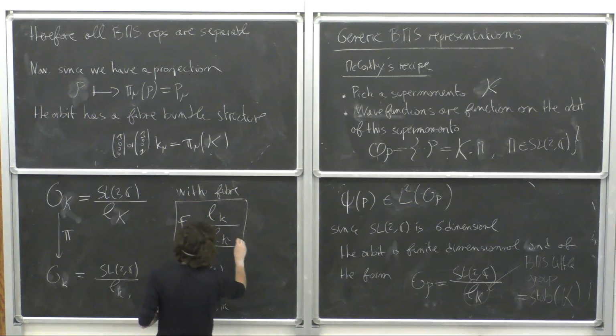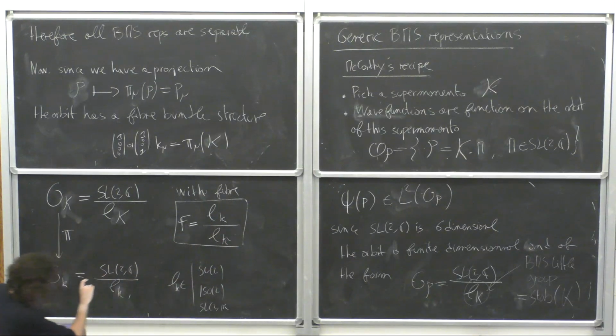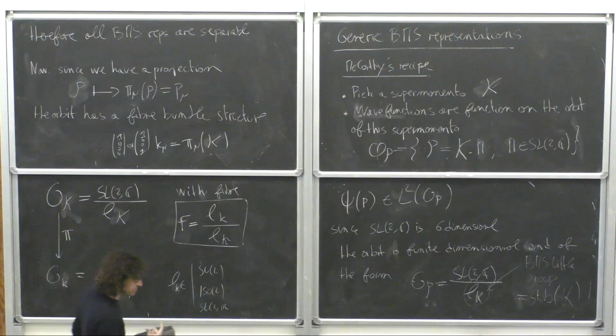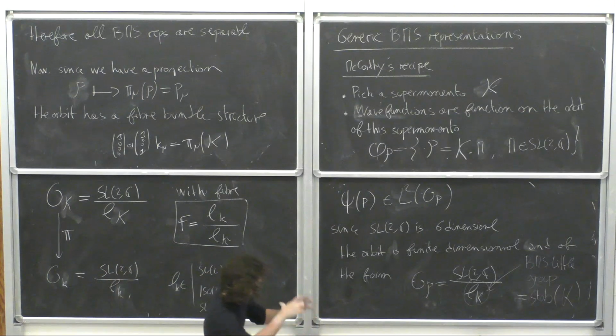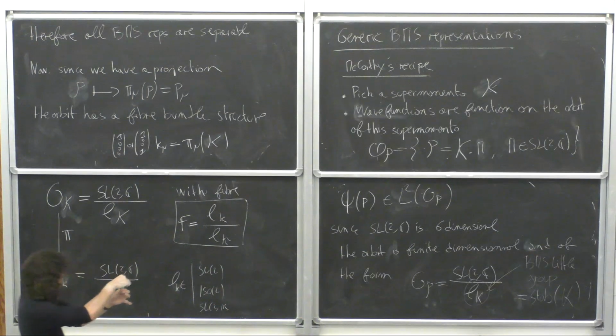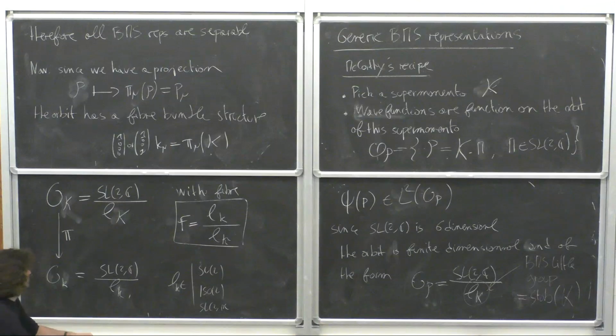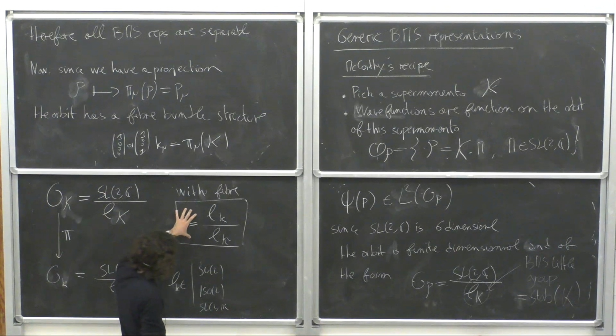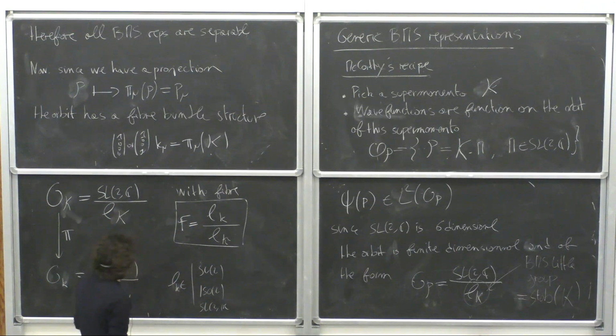So the picture you should have in mind of a BMS wave function is that you have your usual mass shell, but at each point of the mass shell you have extra degrees of freedom on which the BMS particle can live.